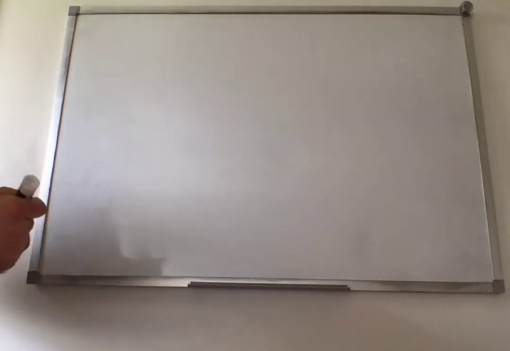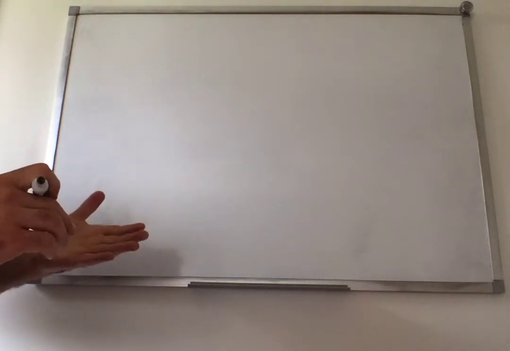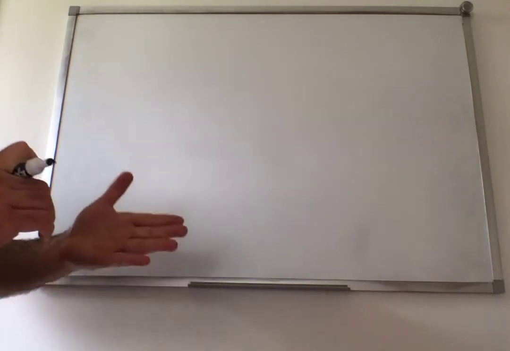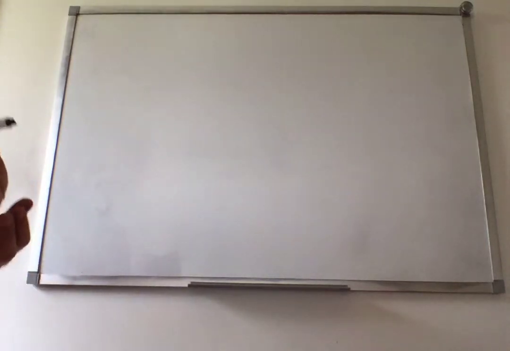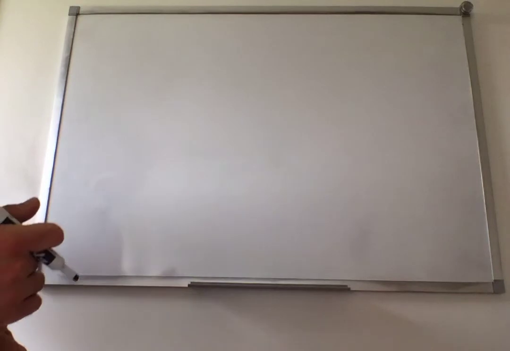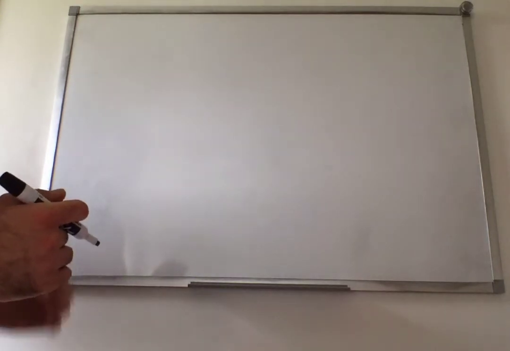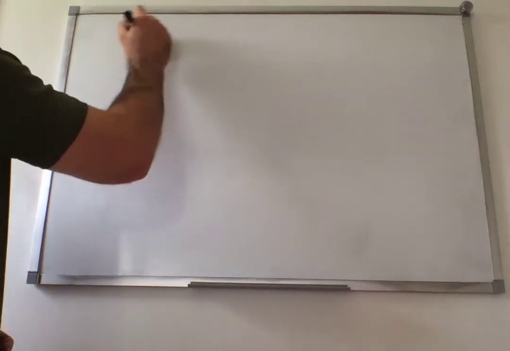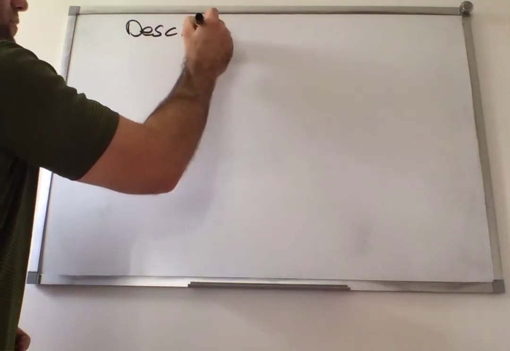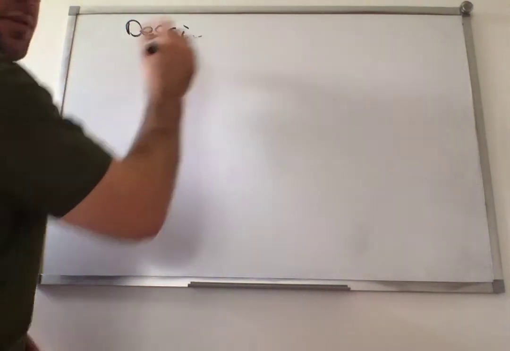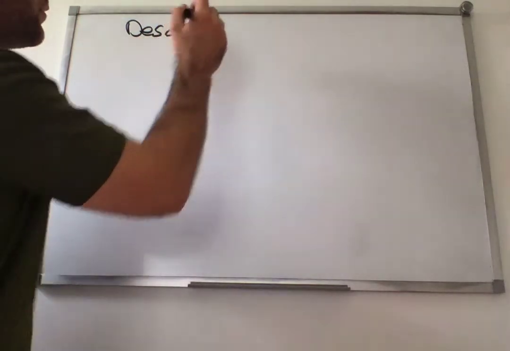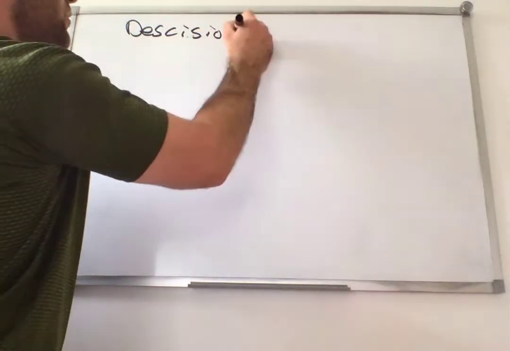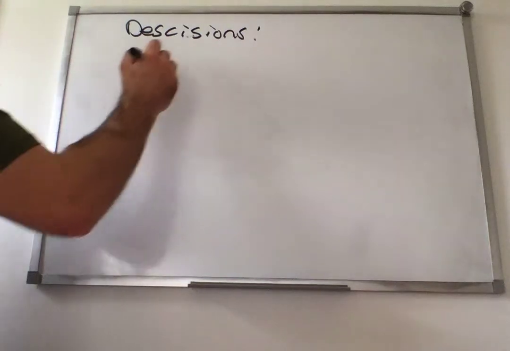Okay, now, since the null hypothesis and the alternative hypothesis are contradictory to one another, only one of them could be true. So, based on your calculations, here are your decisions.